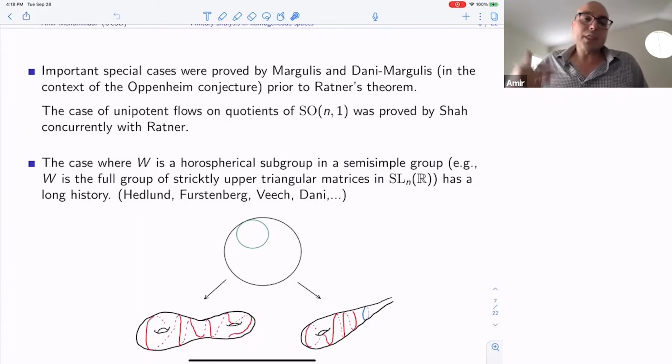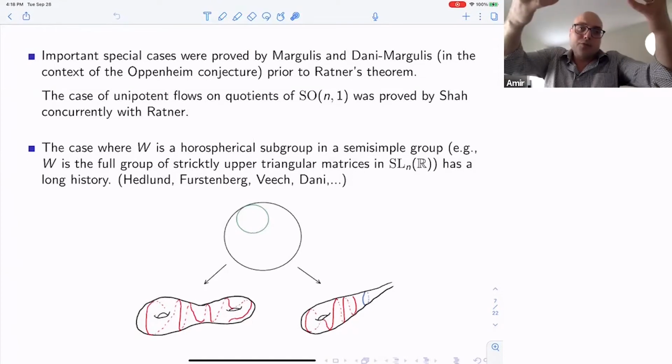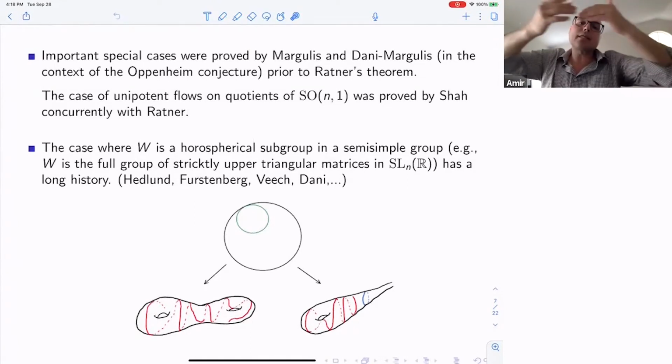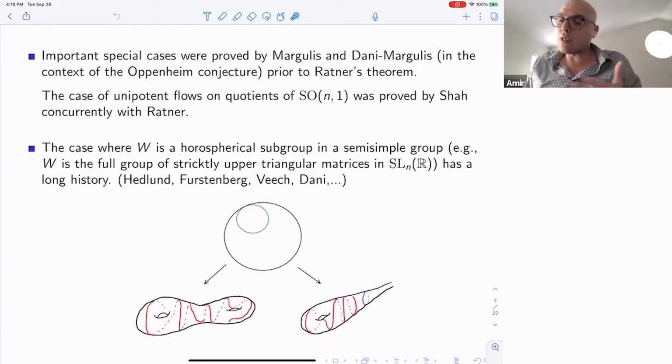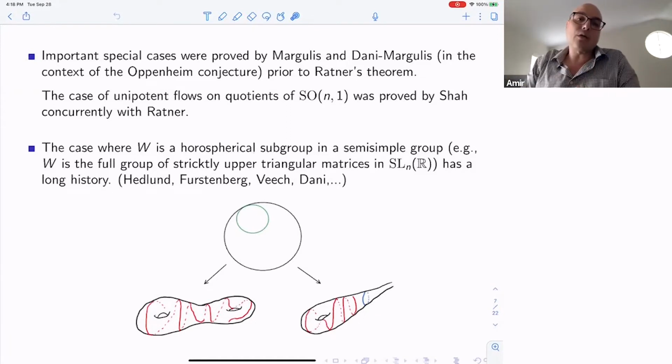Furstenberg, Veech, and Dani generalized this. The picture here can be drawn as follows. The theorem I stated said that orbit closures are very nice. So in the case that you're looking at SL2R, and the group that you're acting with is the strictly upper triangular group, these are the horocycle flows on the tangent bundle of surfaces.